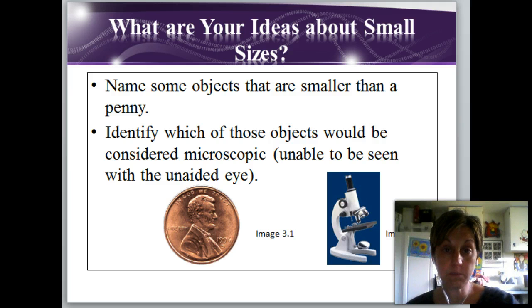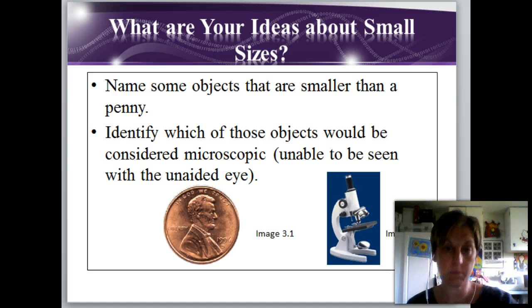And of those objects, which ones will you not be able to see without the use of a tool like a microscope? Go ahead and pause the recording, jot down your thoughts and ideas, and identify the ones that you would need another tool, like a microscope, to be able to see.